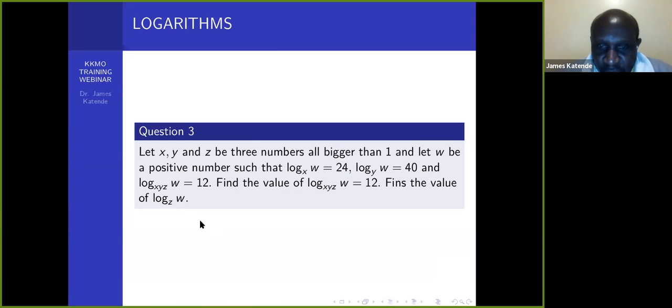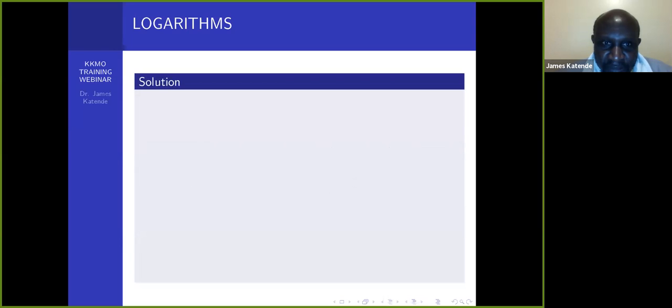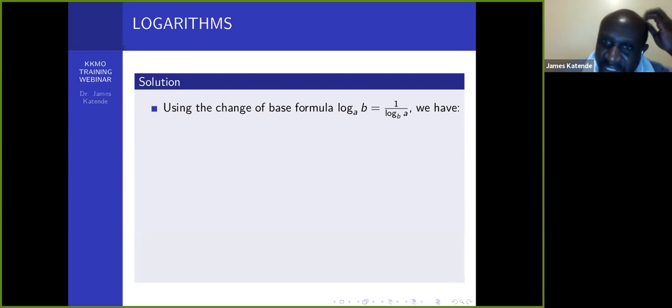So we can go to the solution. We make use of this change of base formula, the last version that we had in our formulas. That is, log of b base a is the same as 1 over log of a to the base b.